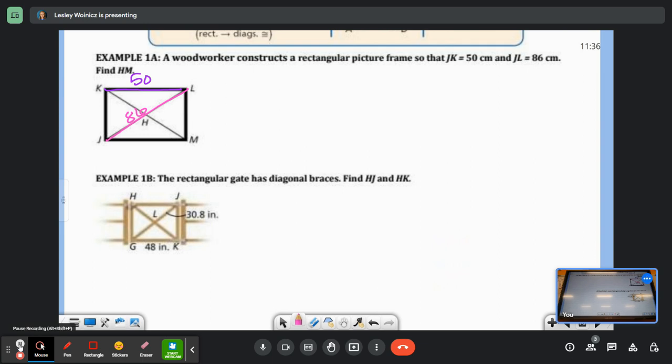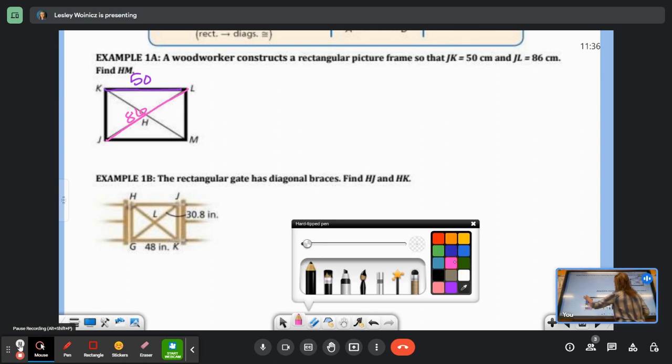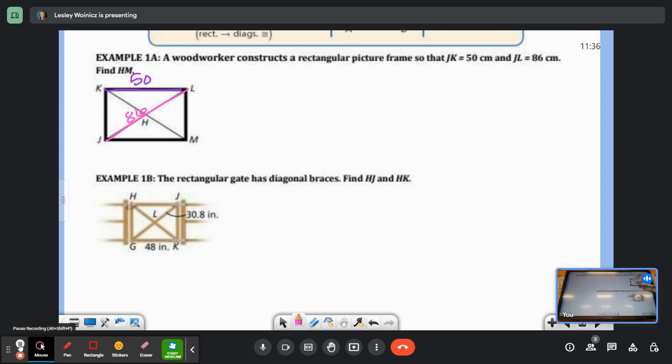Okay, so if it's a rectangle, which this says that it is, we know that something is special about its diagonals. Its diagonals are congruent, right?